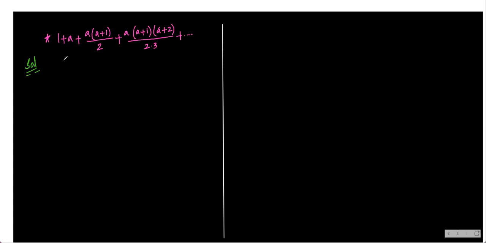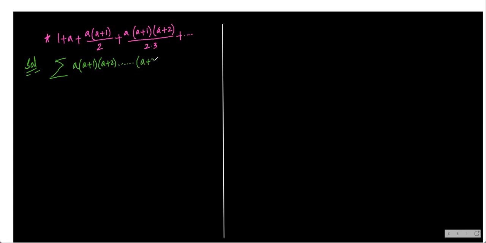I want to write this one in summation form. If I continue, first a will come, then a plus 1, then a plus 2. Next term is a plus 3, next a plus 4, and the last term will be a plus n.